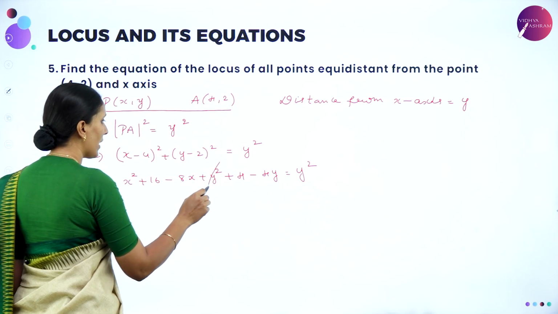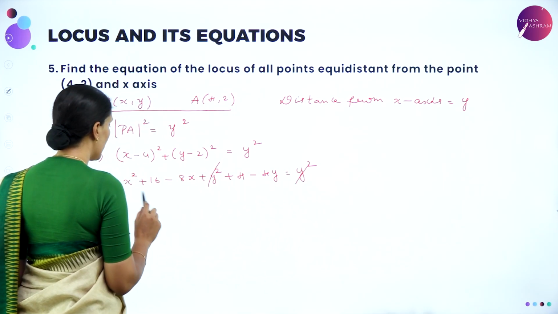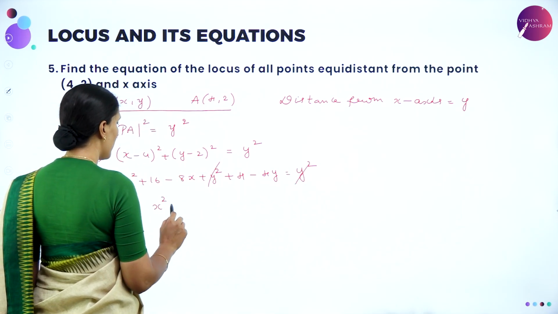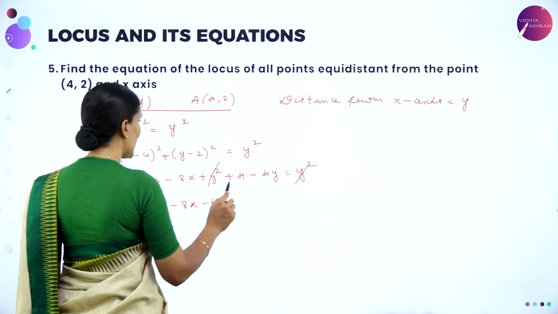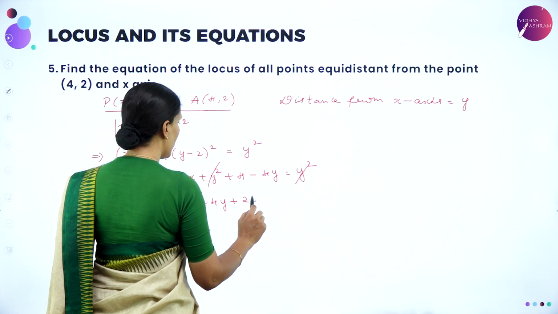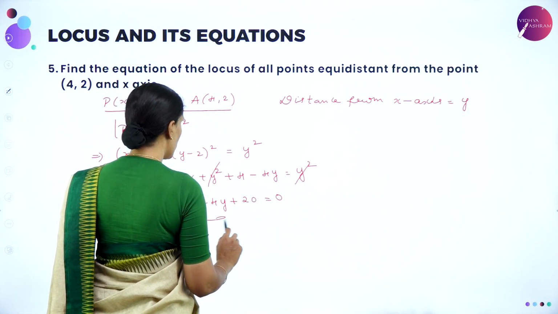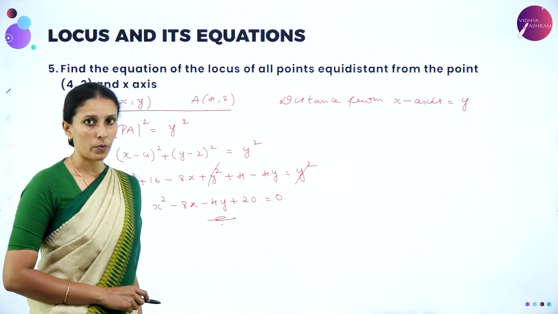We can cancel y square on both sides. Then we are left with x square minus 8x minus 4y plus 16 plus 4 is 20 is equal to 0. So this is the required equation.